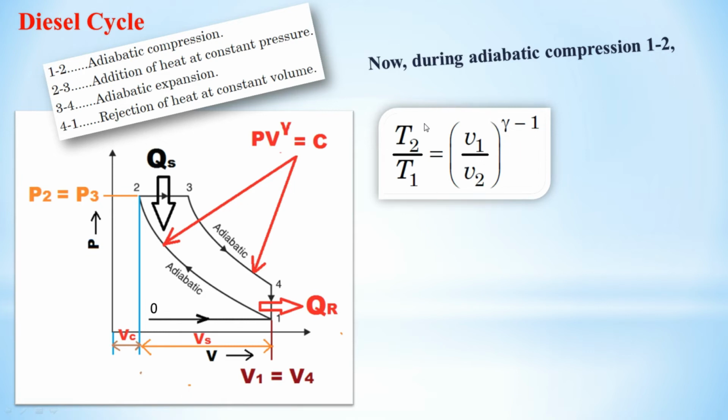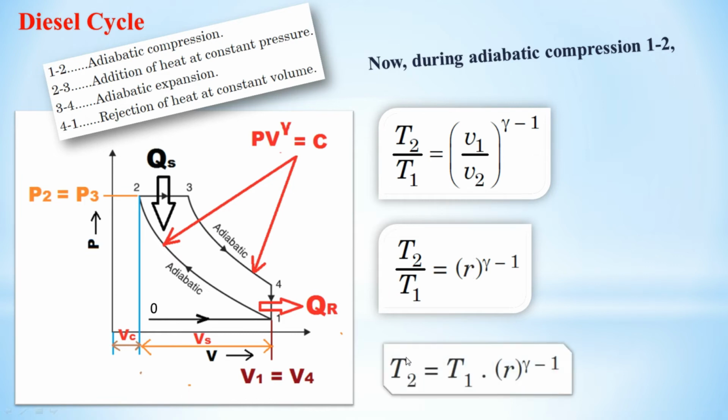We have already derived this in my previous lecture. So T2 by T1 equals r raised to gamma minus 1, because we know that r equals V1 by V2, so we put the value of r instead of V1 by V2. Cross multiplying and making T2 the subject, T2 equals T1 r raised to gamma minus 1. So we can easily derive the value of T2 in terms of r raised to gamma minus 1.